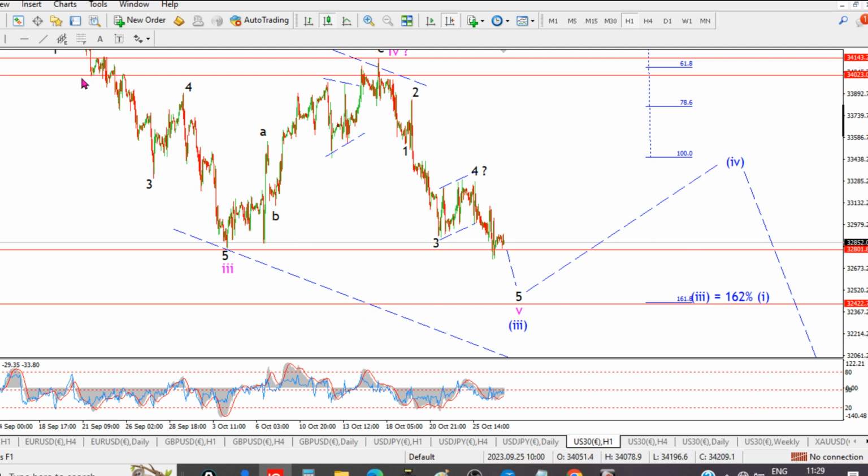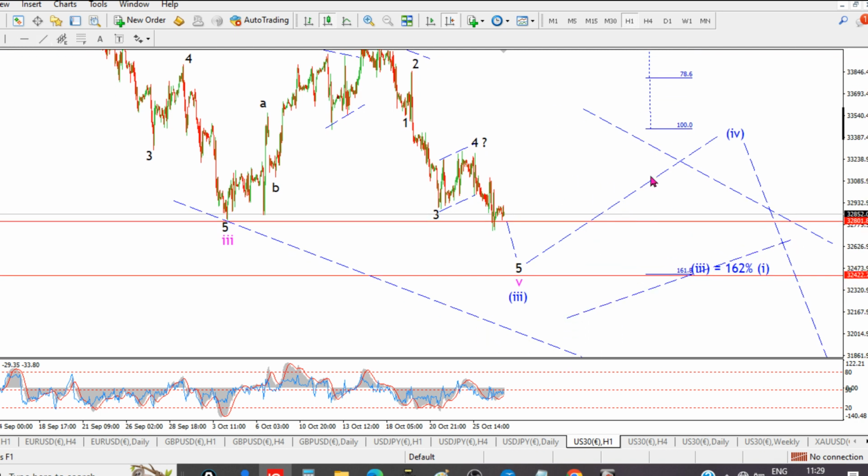Depending on the pattern, it could be a triangle, so we could range to the downside again. We could range in a fourth wave with a sideways bias if it's a triangle. And if that's the case, then we might hang around the 33,000 level. All shall be revealed.